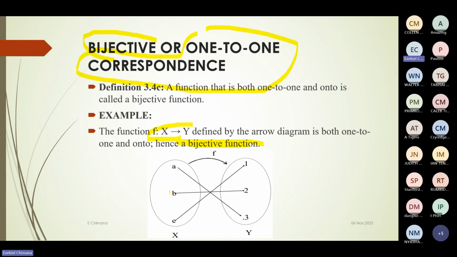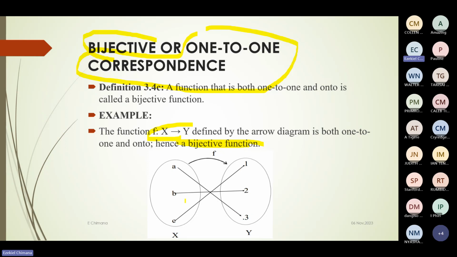If you look at this, each of these is pointing to one of the values in the range. So at most one here. So we do not have an element which is not pointing to the values in the range.